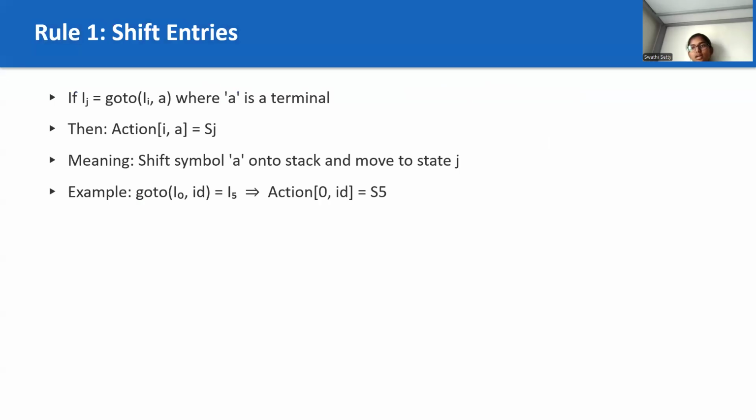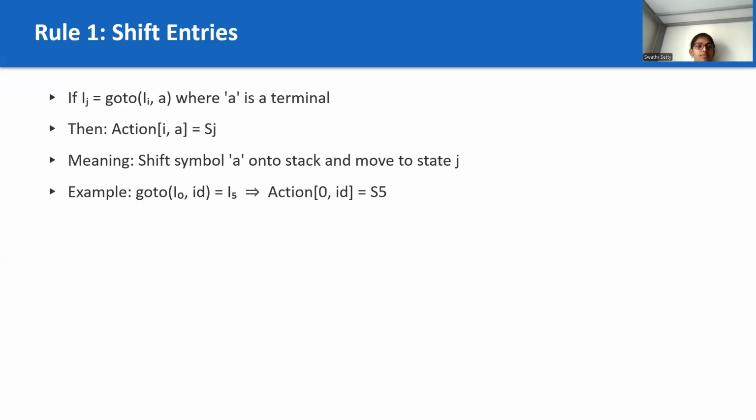Rule 1: filling the shift entries in the parsing table. If Ij is equal to goto of (Ii, a), where a is a terminal, where the second argument is a terminal, then we will write action of [i, a] is equal to sj. Ij became sj.